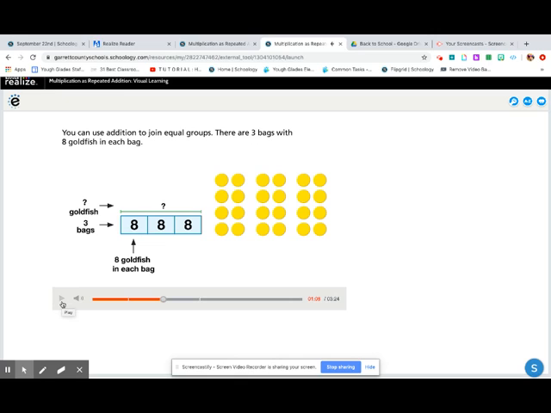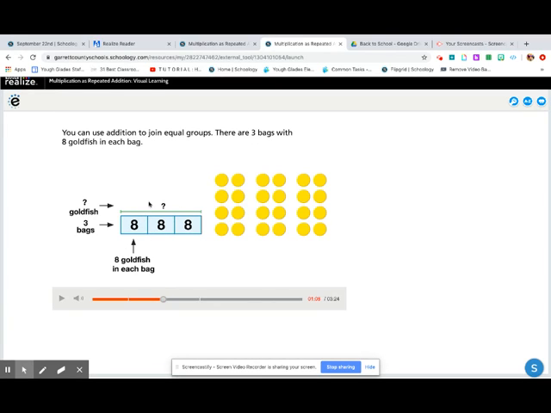I'm going to stop here to tell you what this is. This rectangle here is called a bar diagram. It has the same information as the counters do, except you're going to see the groups laid out here in the bar and sectioned off. So you have 3 groups of counters here.